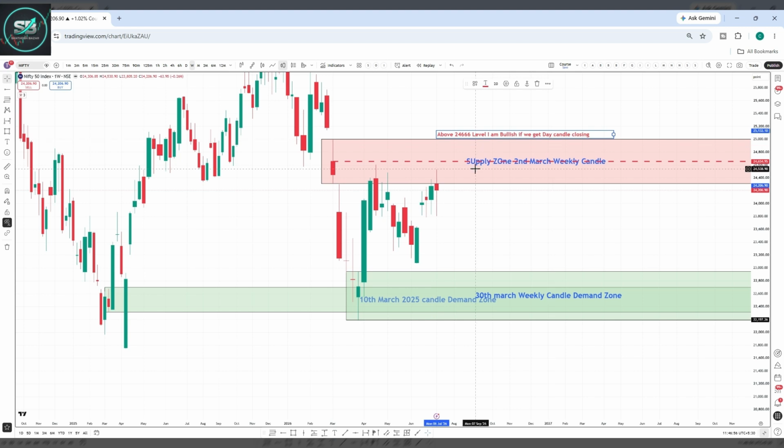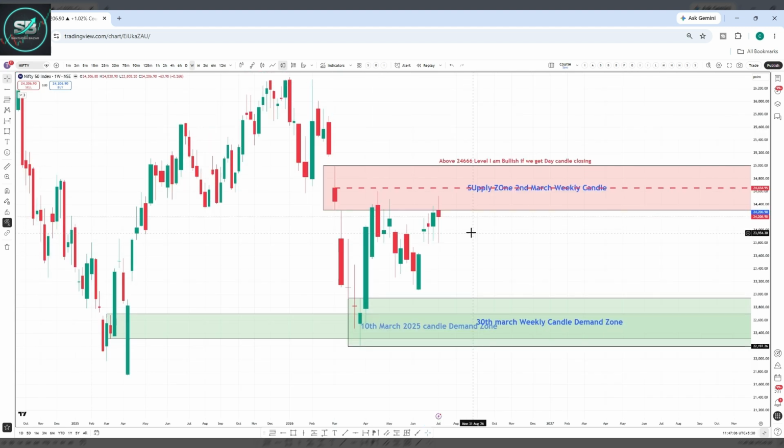Bearish to sideways, but not super bullish in Nifty, because we are at the resistance zone. So this is my weekly analysis on Nifty. As we are here right now, I am not expecting a long trade, because price has to come to this demand zone, and only then can I look for a long trade. Right now I am not looking for any long trades, as price is near the resistance zone. This is the weekly analysis.